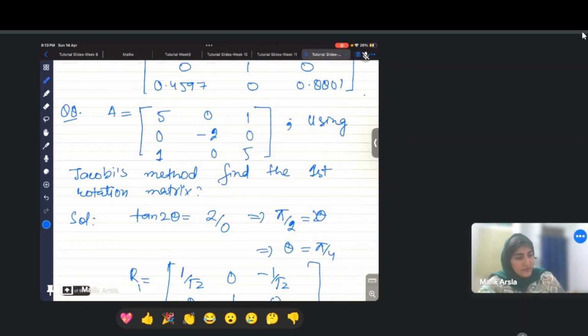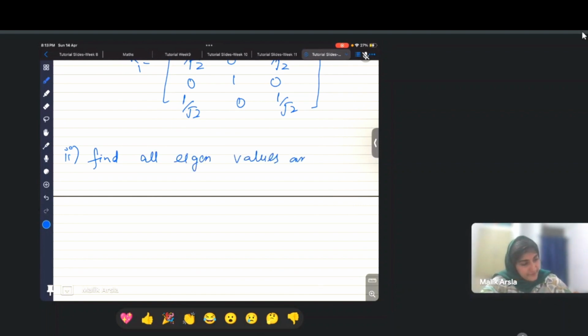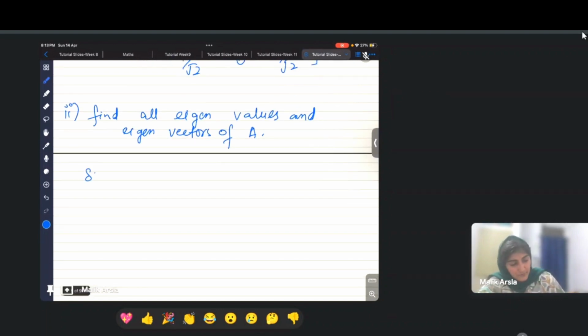Let me call this part 1 and part 2 is find all. D1 will be R1 transpose A into R1. Tell me the value of this thing.